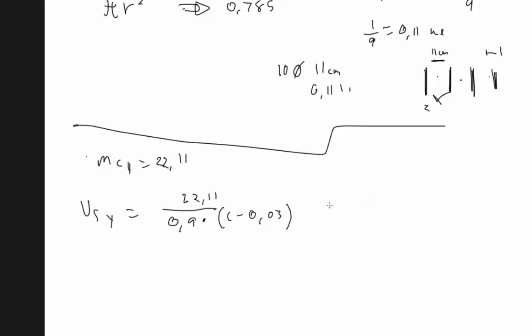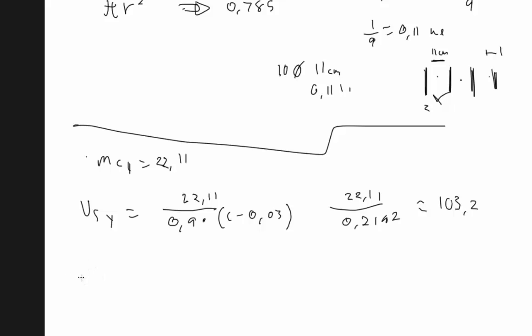That's probably good. So times 0.9, it's more or less 0.2142. 22.11 divided by 0.2142 is equal to 103.2.